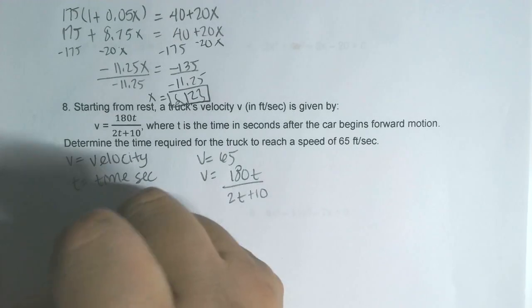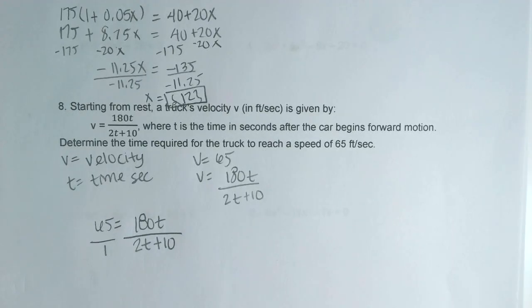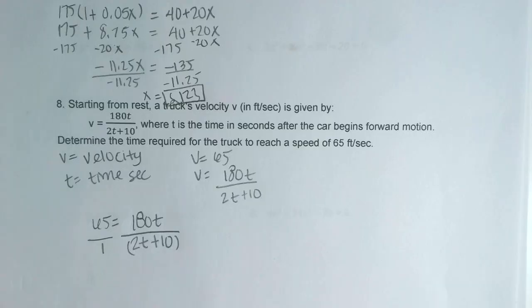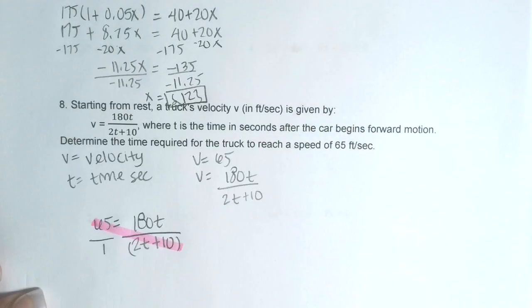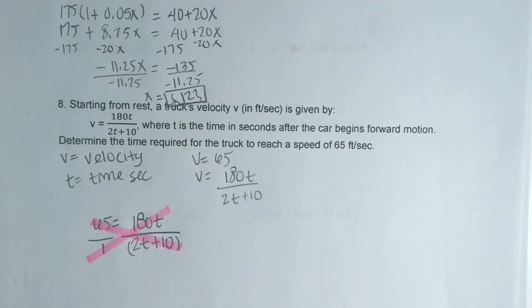So this is 65 over 1. You're going to cross multiply 65 into 2t plus 10, and then 1 times 180t.